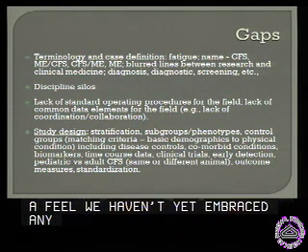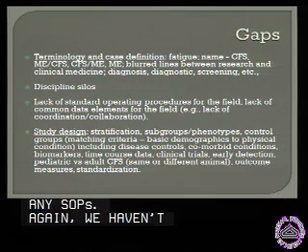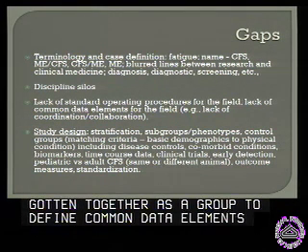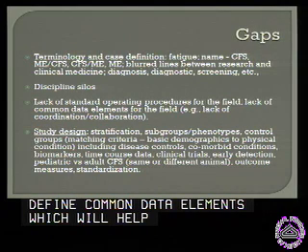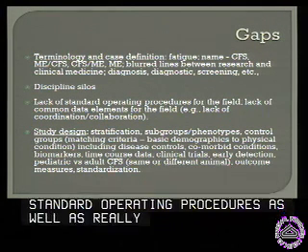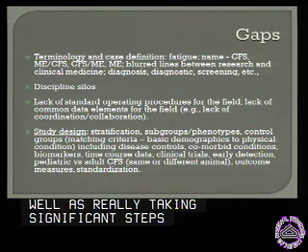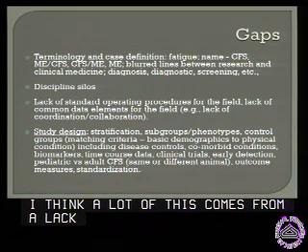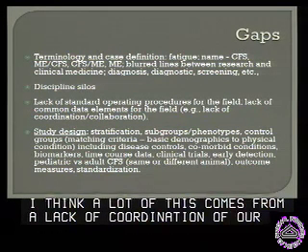And again, we haven't necessarily gotten together as a group to define common data elements, which will help us drive the standard operating procedures, as well as really taking significant steps forward. And I think a lot of this comes from a lack of coordination of our research, and in some instances, a lack of collaboration.